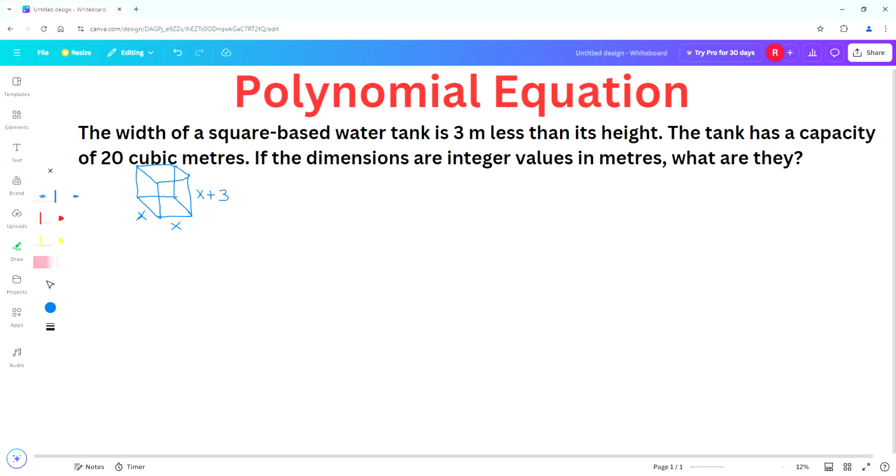In this problem, we are also given that the tank has a capacity of 20 cubic meters. So that's the volume of the tank. The shape of the tank is a rectangular prism. The formula for volume of a rectangular prism is length times width times height.